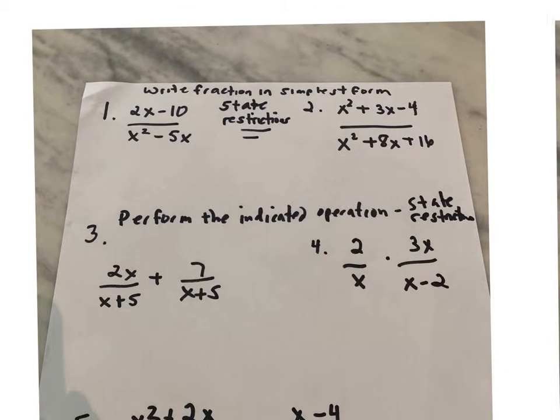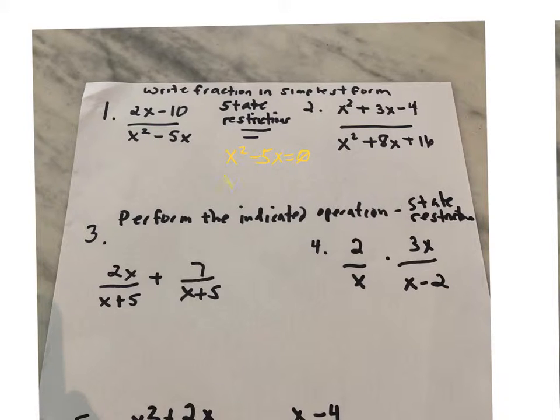So if we're going to figure out what the restriction is for this one right here, you could always force x squared minus 5x to equal 0 first, and just solve for x to figure out what x is not allowed to be, because x is not allowed to be the number that would cause the denominator to be 0.